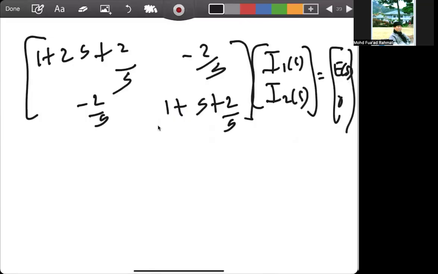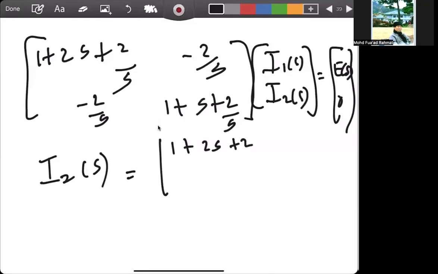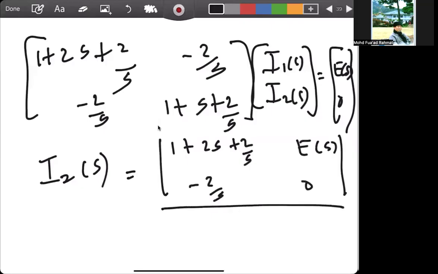Okay, so we want to solve for I2 because we want to get the current flow at the EC. So I2S is equal to the determinant with minus 2 over S, over delta.